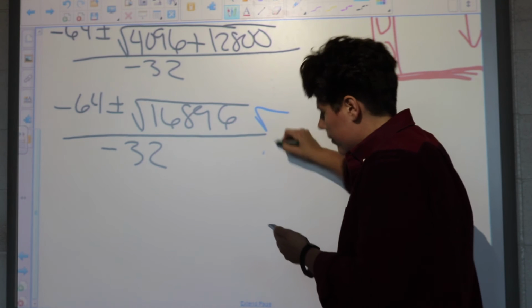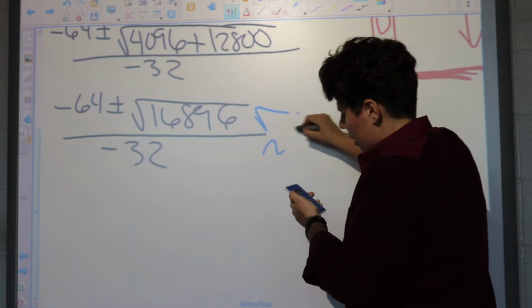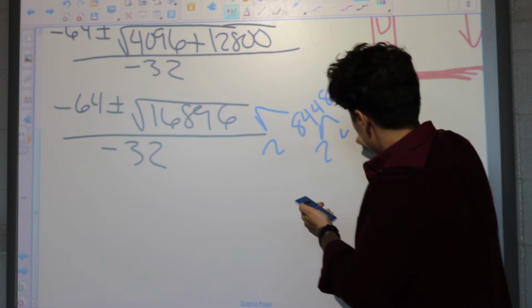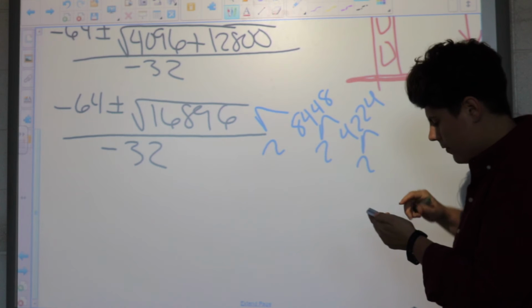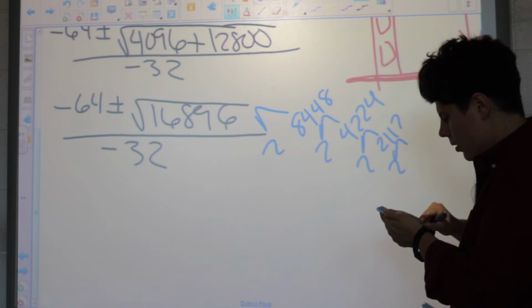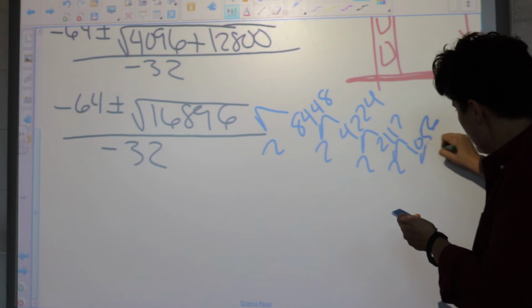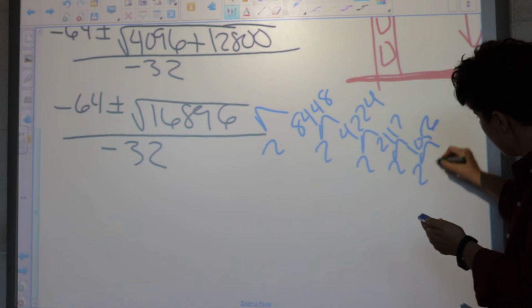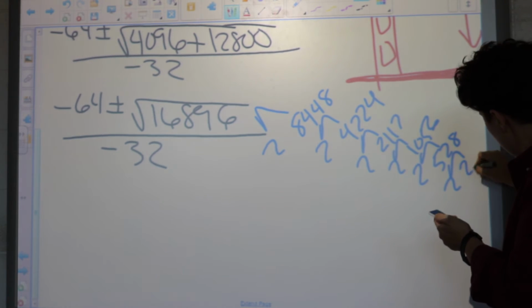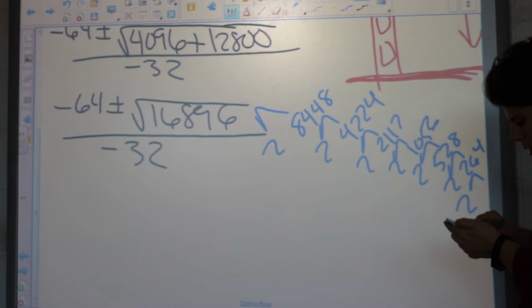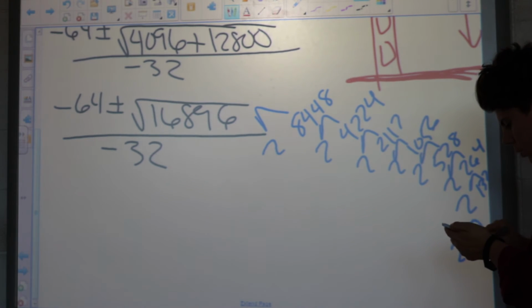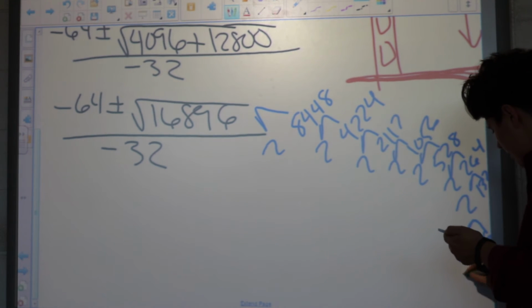I have full faith. So divided by 2, we get this big old number. Divided by 2. Divide by 2, again and again.